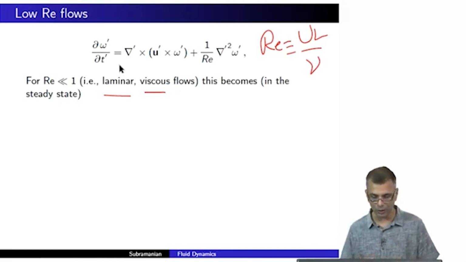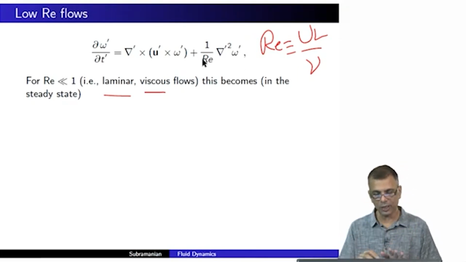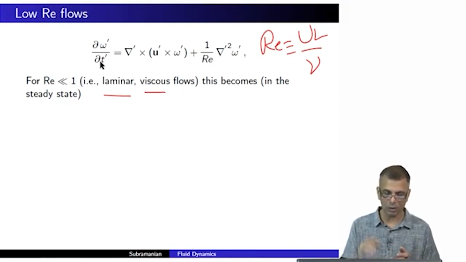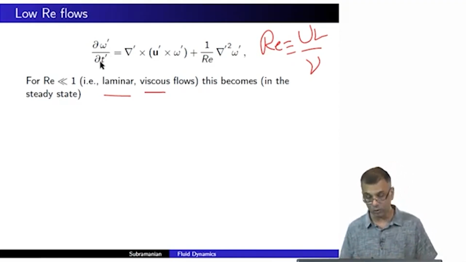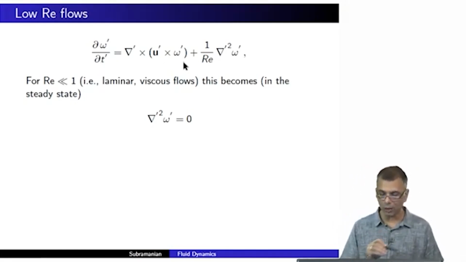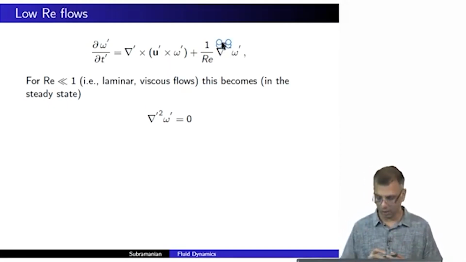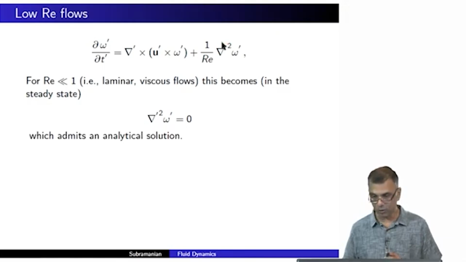That's what we did. So this particular equation, in the situation where the Reynolds number is much less than 1, only this term is important, right? And we consider only steady state situations where d over dt prime goes to 0, and this is no longer important, and so this becomes 1 over Re nabla prime square omega prime equals 0.